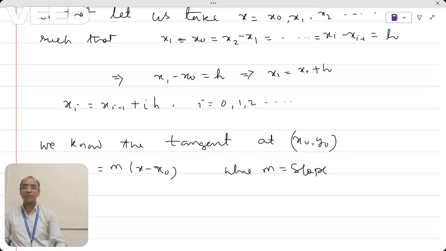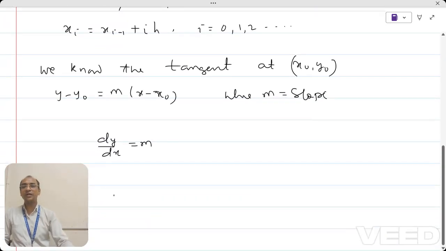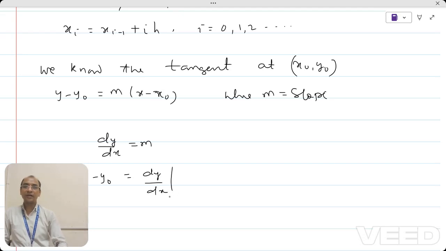This slope we write as dy by dx. So the equation of the tangent can be written as y minus y0 is equal to dy by dx at the point x0, y0, into x minus x0, because this is the tangent at x0, y0.